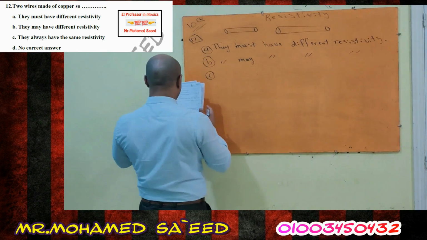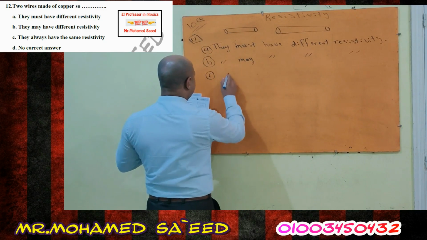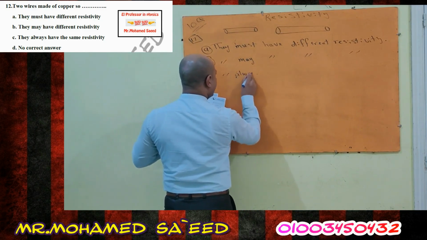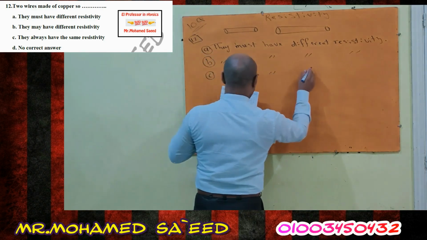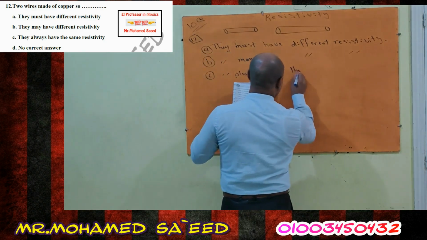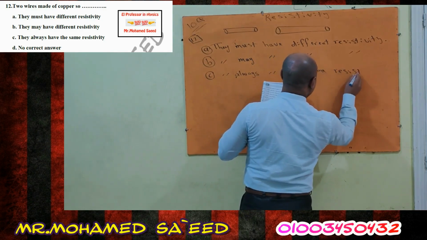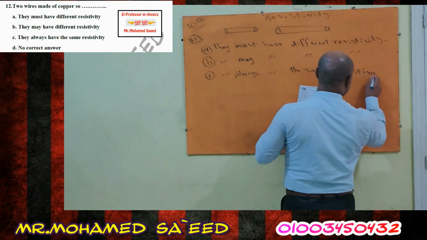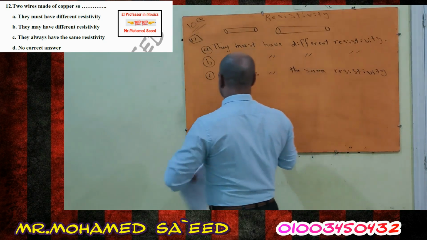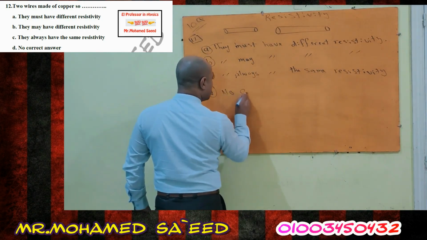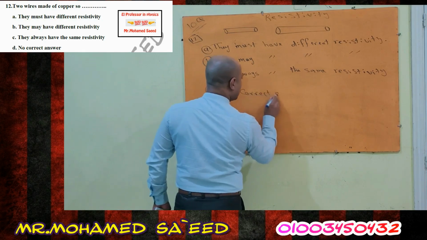C, they always have the same resistivity. D, no correct answer.